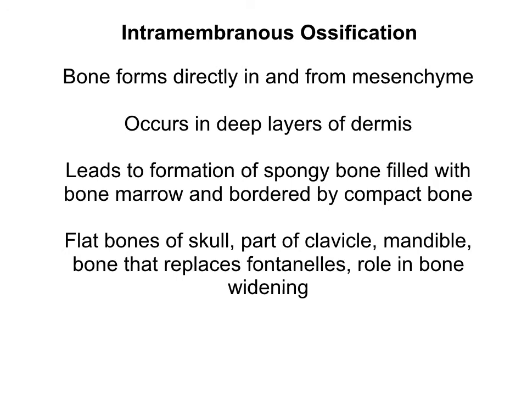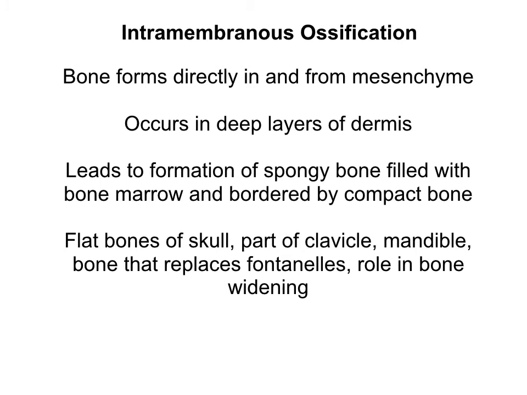Now, intramembranous ossification involves bone forming directly in and from mesenchyme. And this type of ossification occurs in the deep layers of the dermis, which is sometimes why this bone is referred to as dermal bone. Now, at the end of intramembranous ossification, the bone that forms has spongy bone in its center, bordered by compact bone on its outer surfaces.